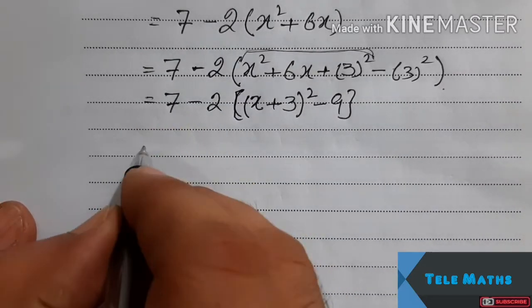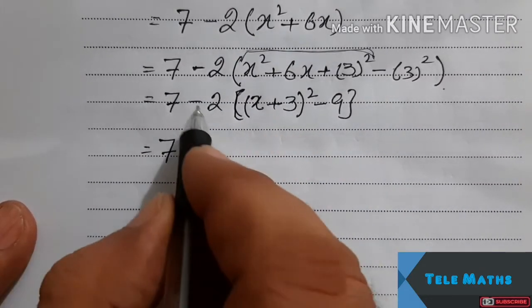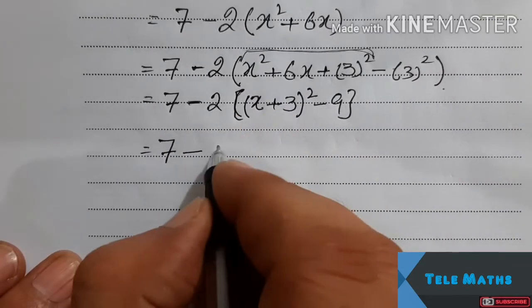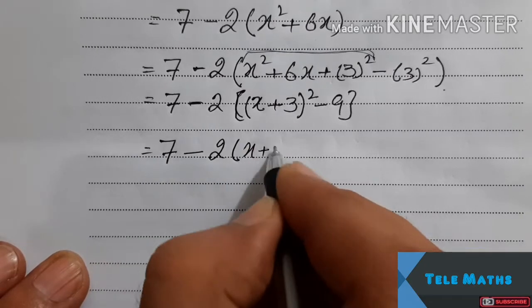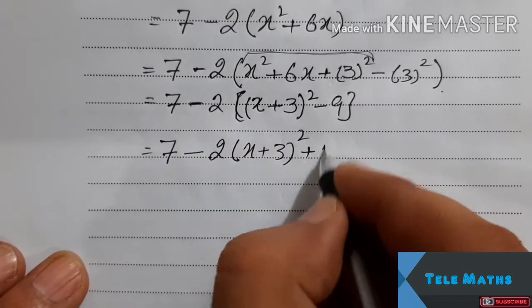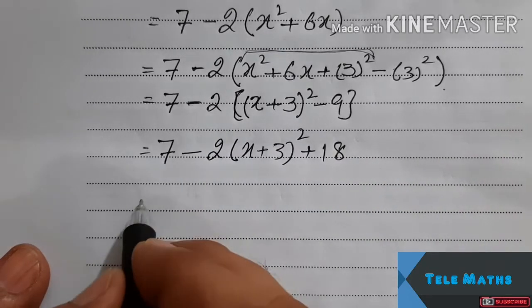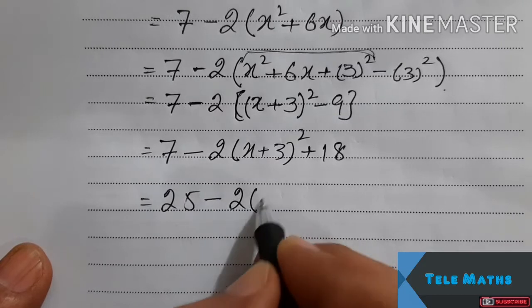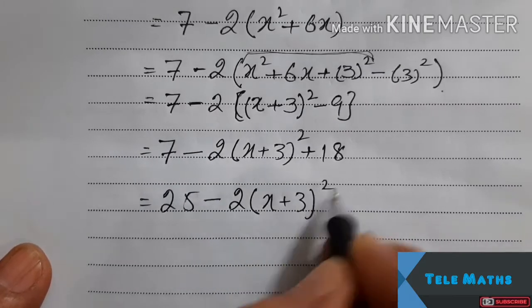So this will become multiplied with 2 inside, so it will be 7 minus 2 into x plus 3 whole square minus minus plus 9 2s are 18. So 18 plus 7 is 25 minus 2 into x plus 3 whole square.